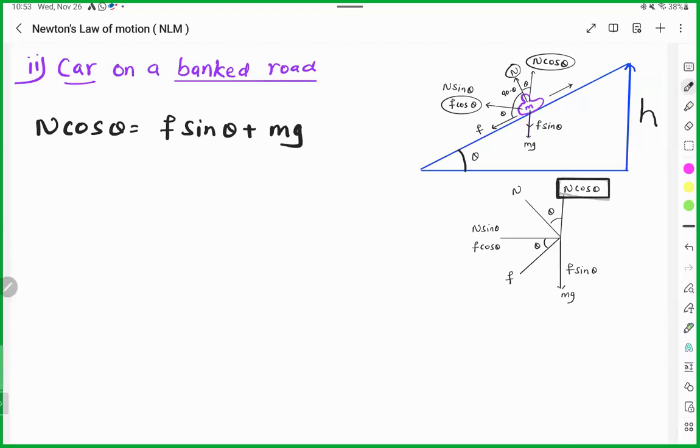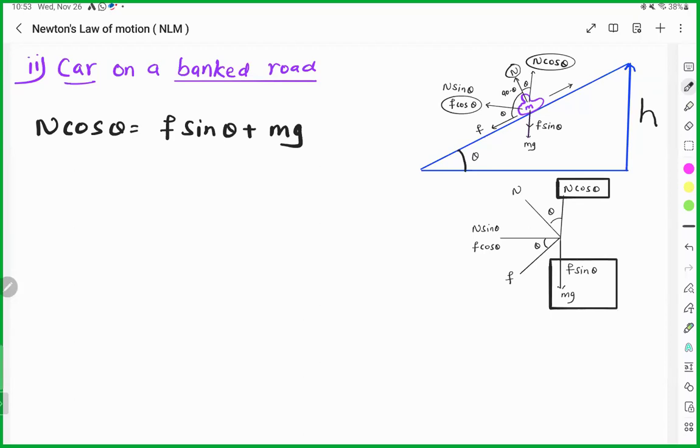Above, n cos theta will be equal to the combination of these two, because these are acting downward and the upper is acting upward. The body is not moving, that's why both are equal. Makes sense? Correct.